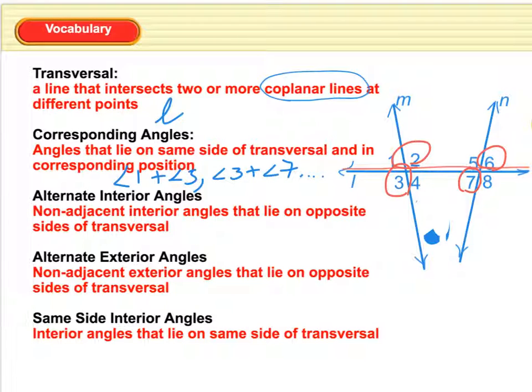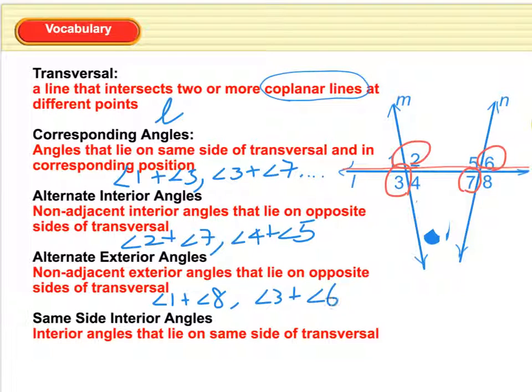Alternate interior angles would be angle 2 and angle 7, and the other pair is angle 4 and angle 5. Those are interior, and they're not adjacent, and they're on the opposite side of transversal L. Alternate exterior would be angle 1 and angle 8 as a pair, and angle 3 and angle 6 as another pair, right?